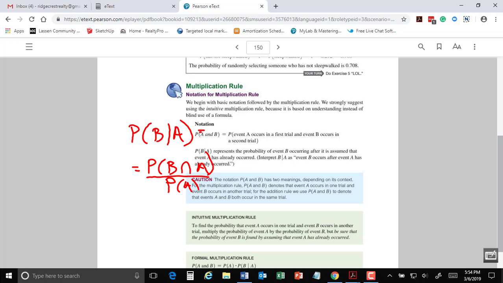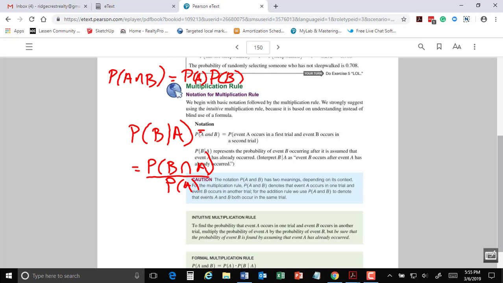Okay? Now, how about if I want to test to see if it is independent? Suppose that the probability of A and B comes out to be the probability of A times the probability of B. If that is the case, then we're talking about independent events, meaning you're replacing the card before you draw the next one.